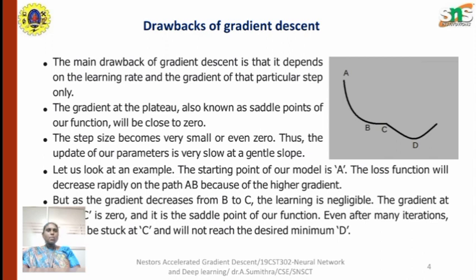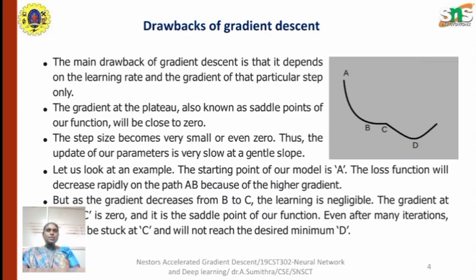The main drawback of traditional gradient descent: while gradient descent is effective in many cases, it suffers from certain limitations like slow convergence. In deep learning, where the loss surface can be highly non-convex, traditional gradient descent can converge slowly.